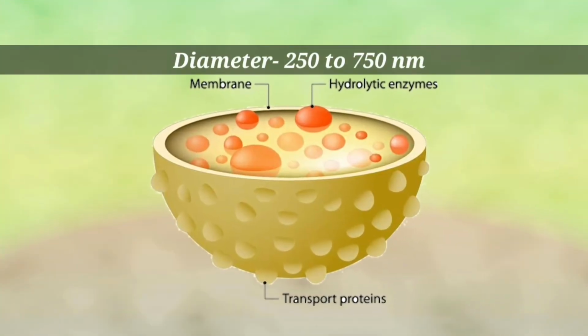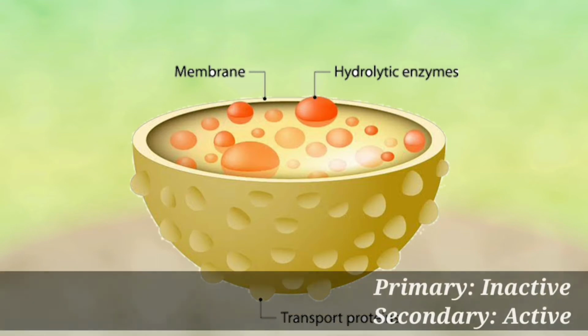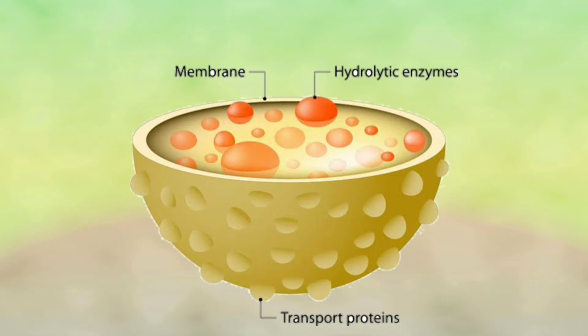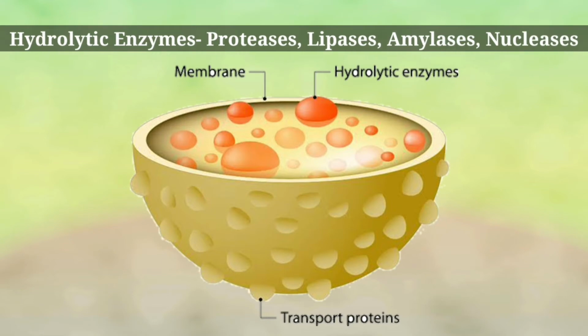Lysosomes. So lysosomes are derived from Golgi apparatus. It is having thickest covering membranes. It is of two types, primary which is inactive form, secondary which is an active form. Now, lysosomes is having so many hydrolytic enzymes like proteases, lipases, amylases and nucleases.